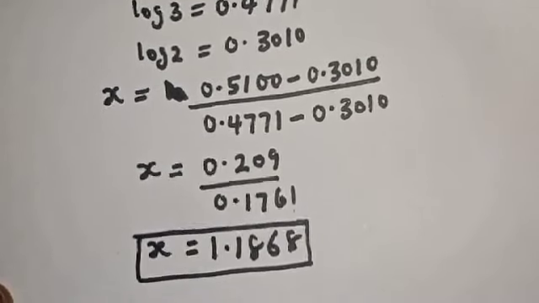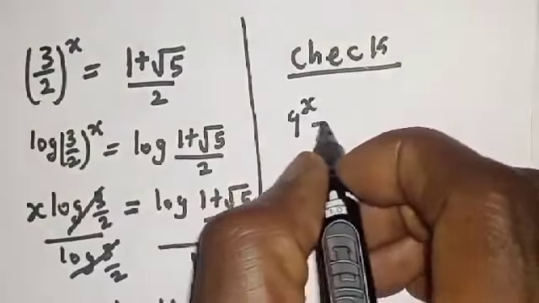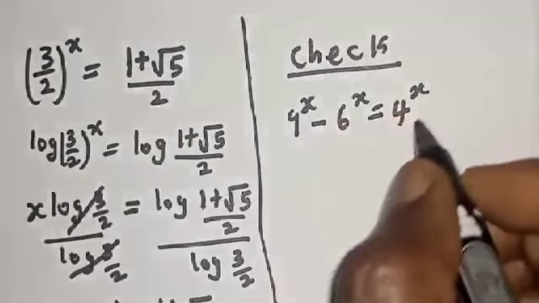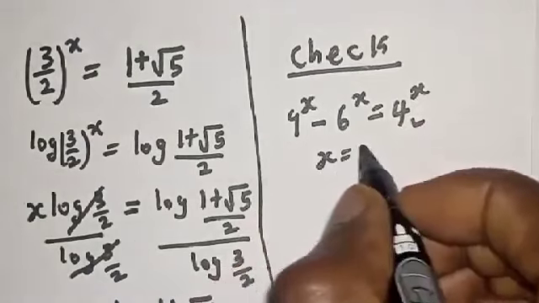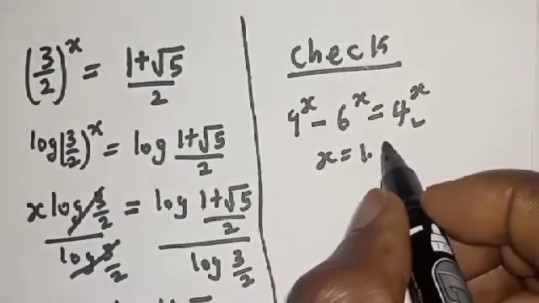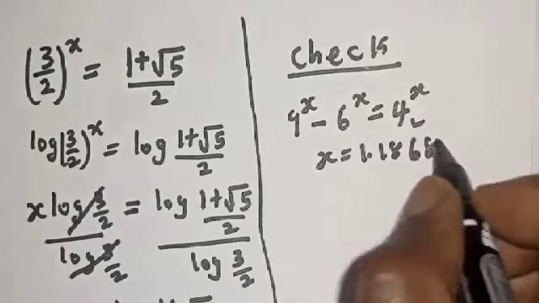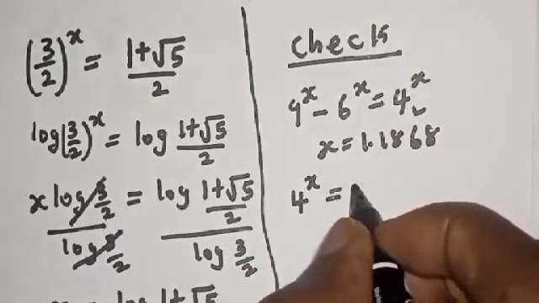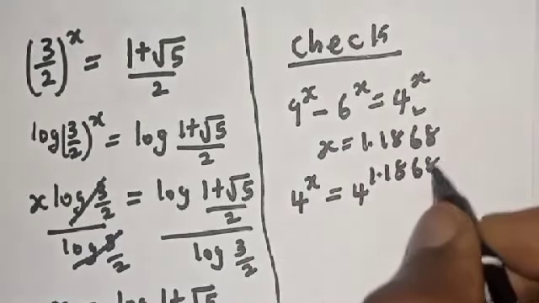We can check to confirm if our answer is right or wrong. 9 raised to power x minus 6 raised to power x is equal to 4 raised to power x. Now let's work with this. When x is equal to 1.1868, then 4 raised to power x is equal to 4 raised to power 1.1868.